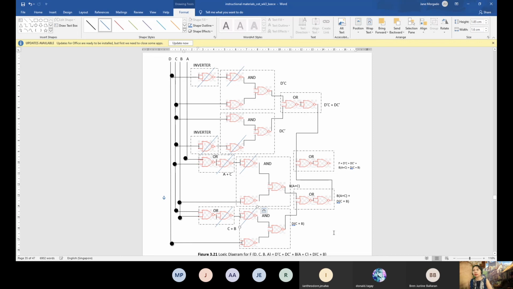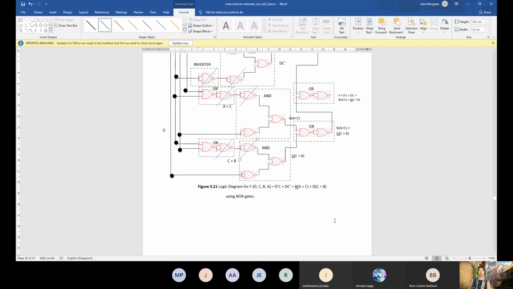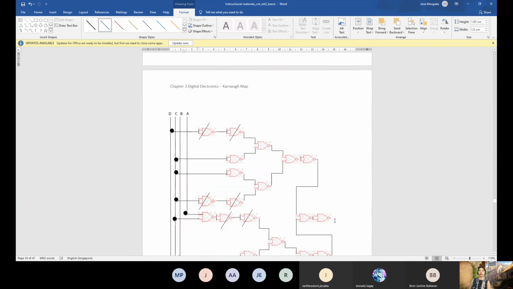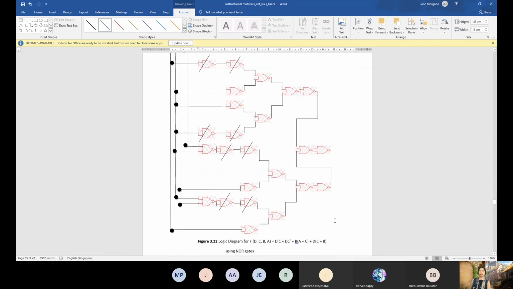Is there any more double inverter? None, no? Okay, this one. So we're able to cancel out six inverters. So these are the canceled out inverters.